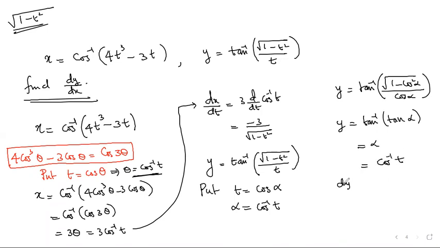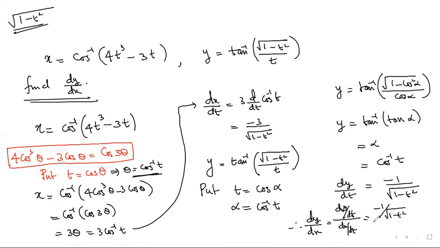Now dy by dt is minus 1 upon root 1 minus t square. I hope you remember the formula. Therefore, dy by dx is dy by dt divided by dx by dt. So minus 1 upon root 1 minus t square divided by minus 3 by root 1 minus t square.